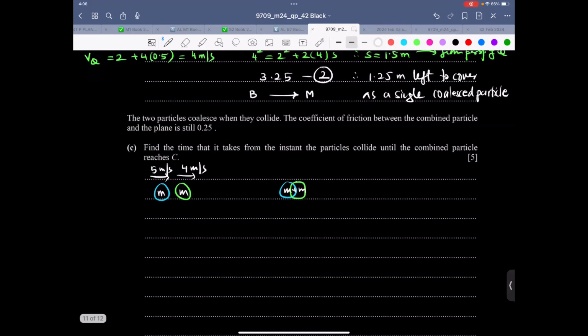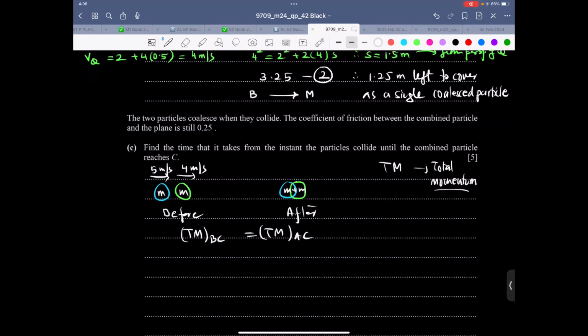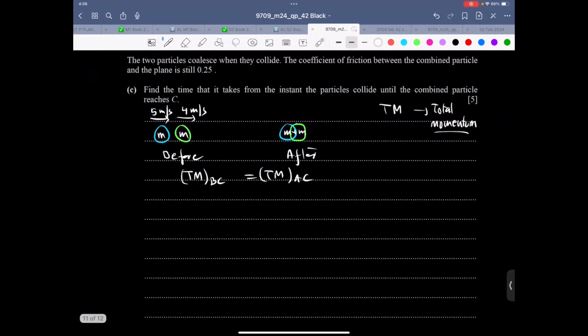So we can say this is before, this is after. Total momentum before collision is total momentum after collision. Now, these kinds of questions require a lot of cool thinking. You cannot just hurry into all these things.